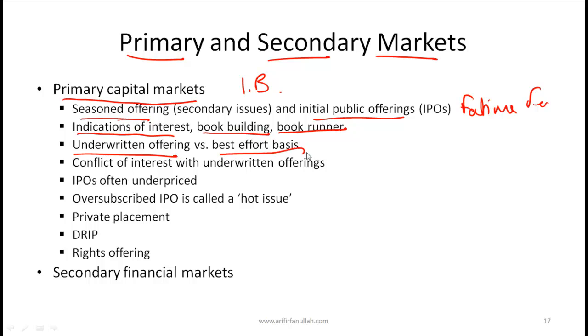A best effort basis means that the investment banker is going to do his best to get the highest possible price per share for his client, but does not make any commitments.